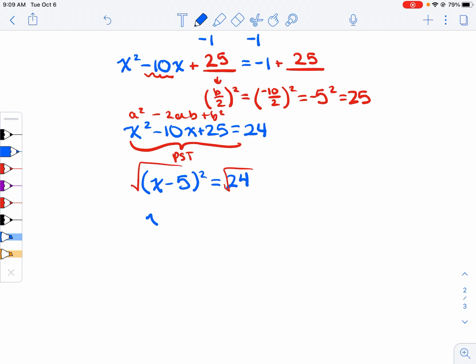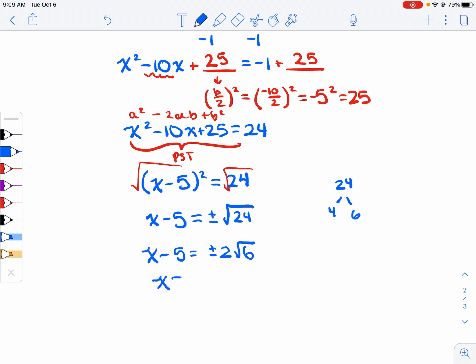So then I will have x minus 5 equals plus or minus the square root of 24. 24 is divisible by 4 and 6, so 4 is my perfect square. Square root of 4 would be 2, so this will clean up as x minus 5 equals plus or minus 2 root 6. Add 5 to both sides, so I have x equals 5 plus or minus 2 root 6.